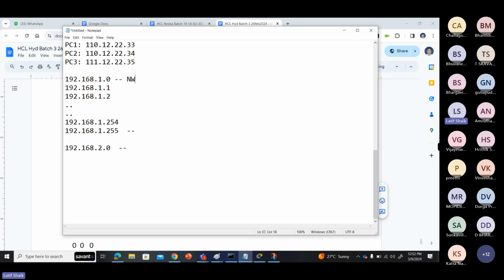The first one we call the network ID, which represents which network it belongs to. The last one we call the broadcast ID.